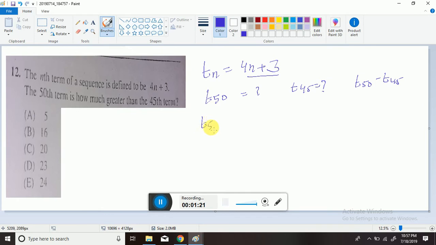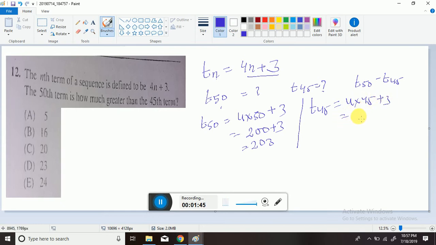T50 equals 4 into 50, n is replaced by 50, plus 3, that is 200 plus 3, which is 203. T45 equals 4 into 45 plus 3, 45 into 4 is 180, plus 3, that is 183.